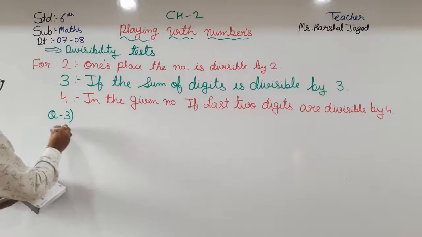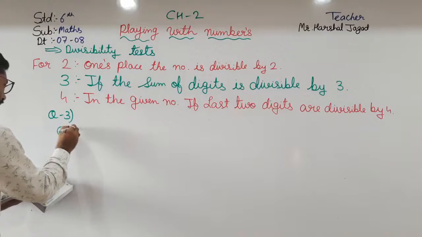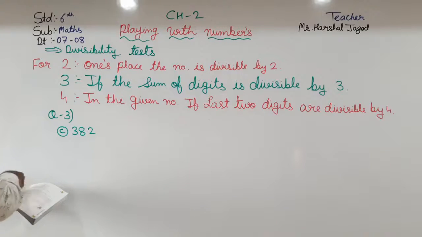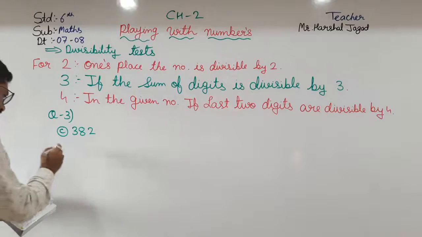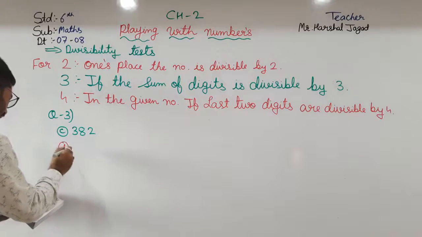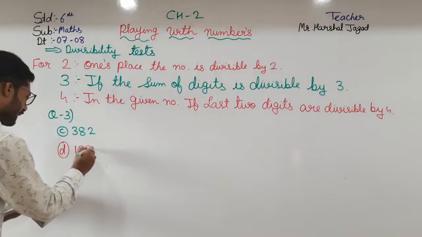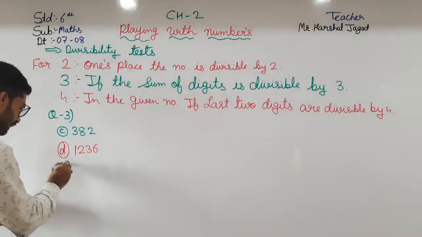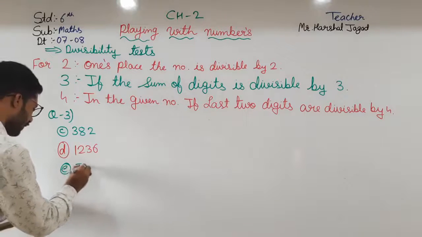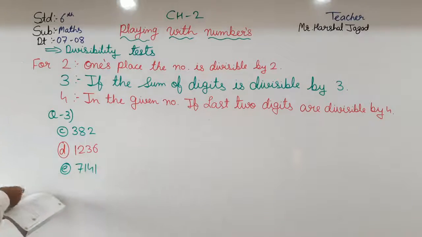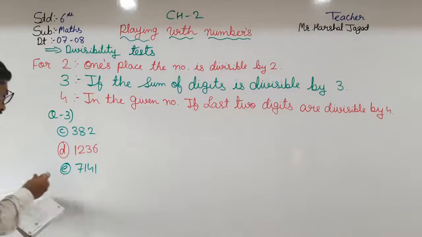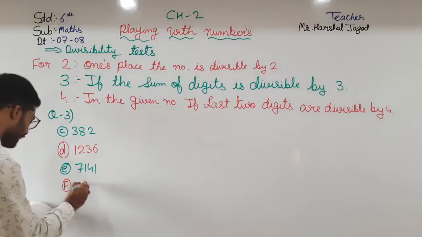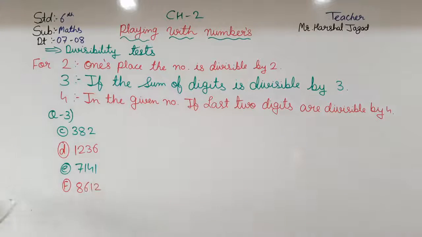Here C, that is 382, then D, that is 1236, E, that is 7141, and then F, that is 8612.